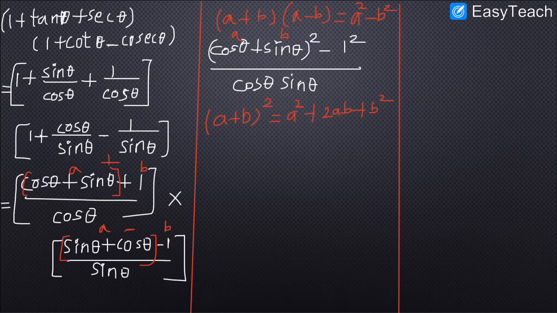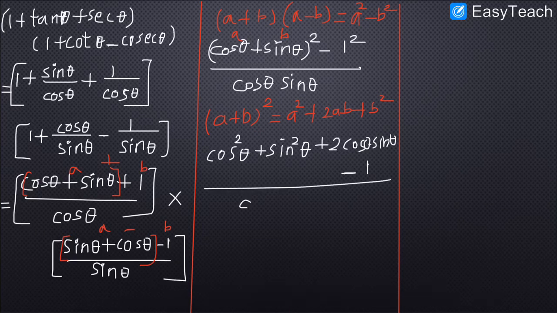So A square plus 2AB plus B square. Let's substitute that. So cos square theta plus, for B square, sin square theta plus 2AB. So 2 sin theta cos theta, or 2 cos theta sin theta, whatever it is. So minus, for 1 square I write 1, the whole divide by cos theta sin theta.